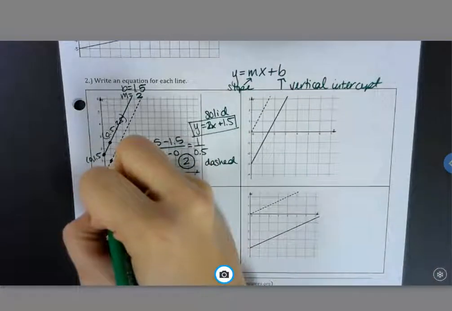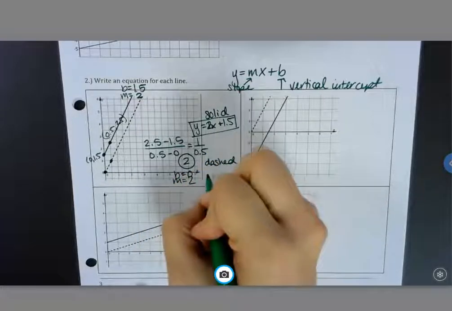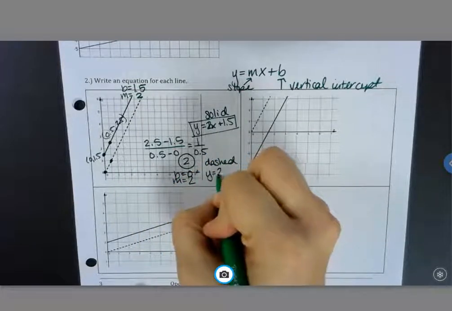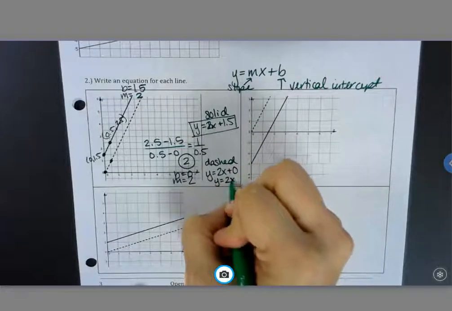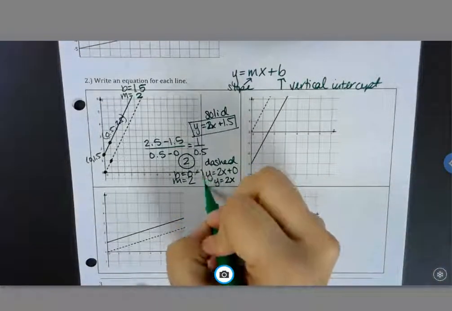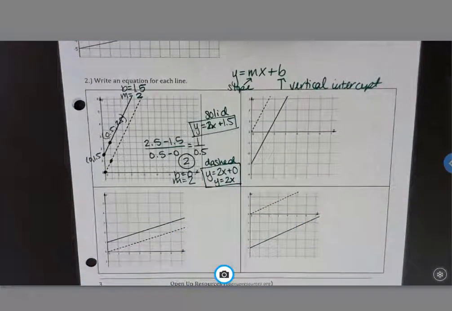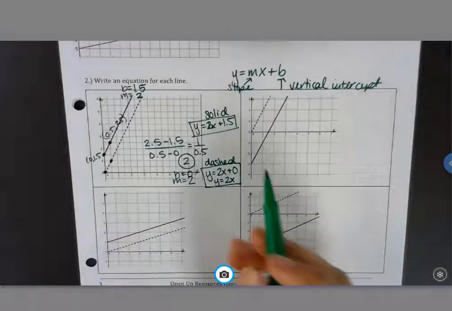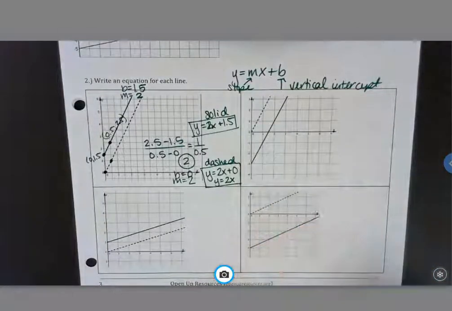And the vertical intercept, or the b value, is 0. So we have y equals 2x plus 0, which is the same thing as y equals 2x. So you're just writing the equations for both the dashed and the solid line of each of these 3.